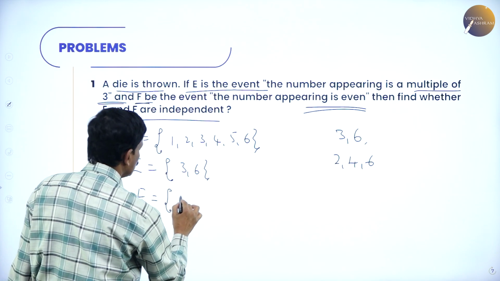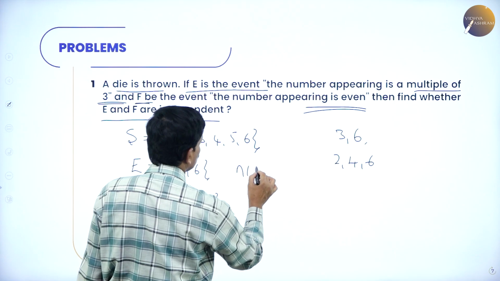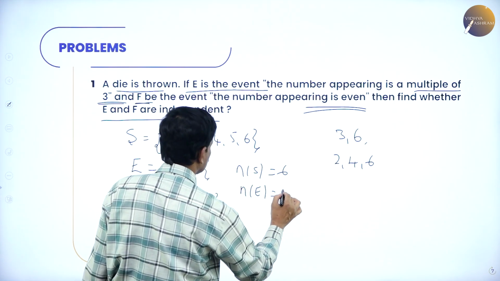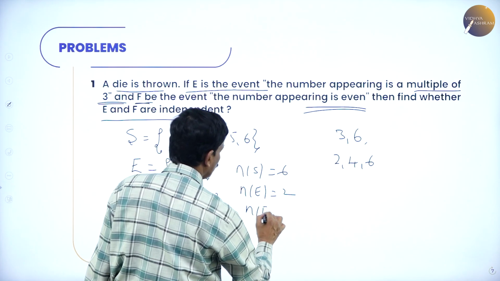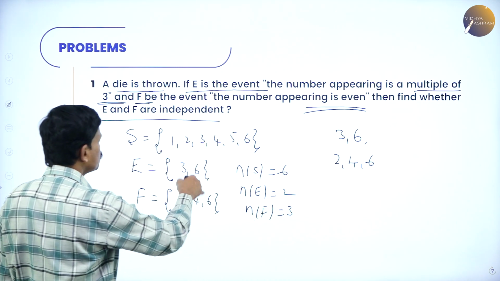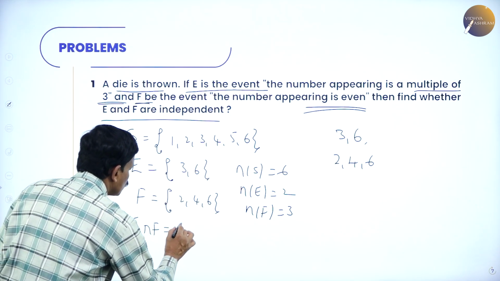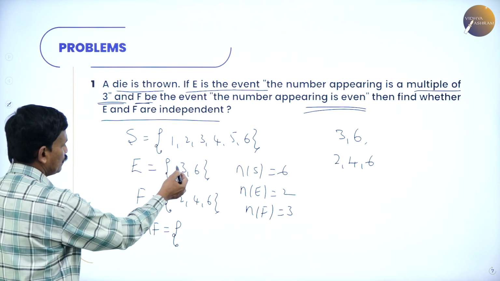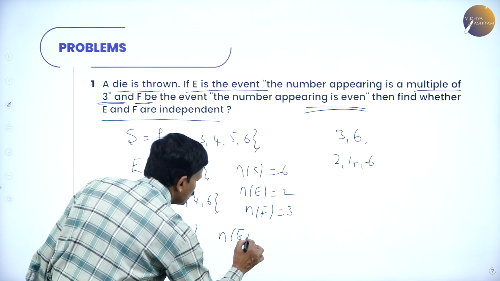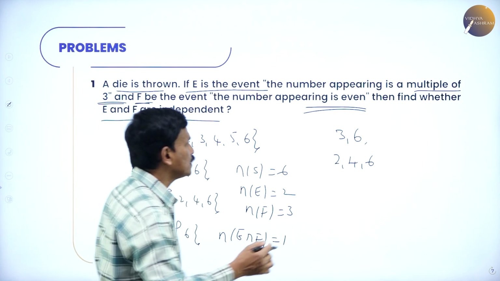Even number means 2, 4 and 6. Now what is N? The sample space N of S is equal to 6. N of E is equal to 2 and N of F is equal to 3. Now in this, the intersection, find out the common. E and F, in this the common element is 6. So therefore N of E intersection F is equal to 1. Now write down the probabilities.